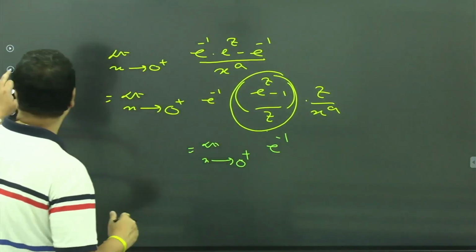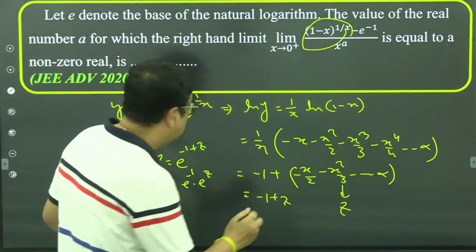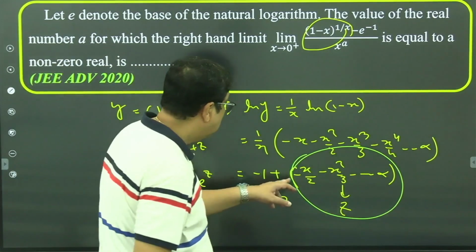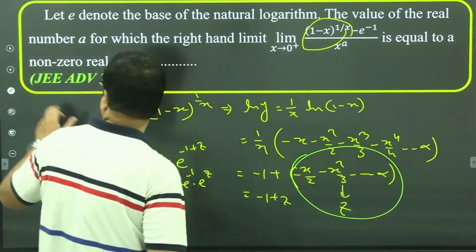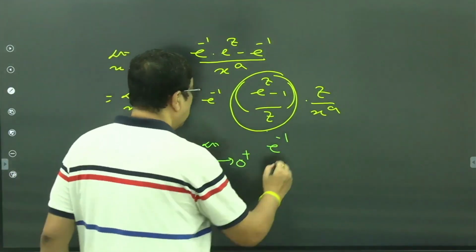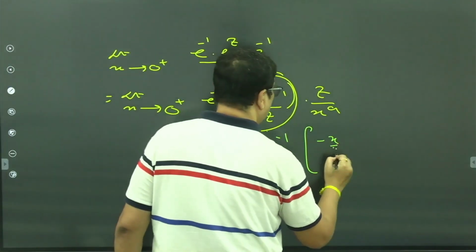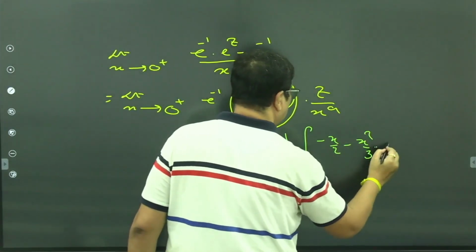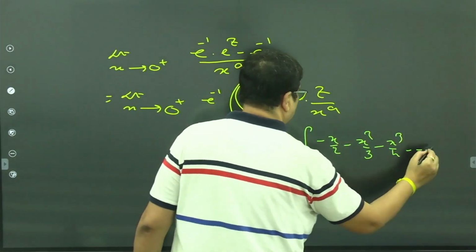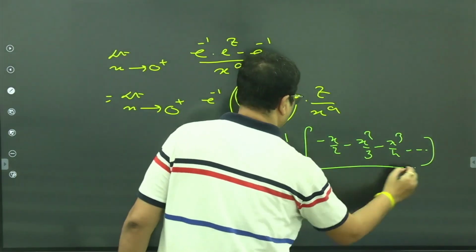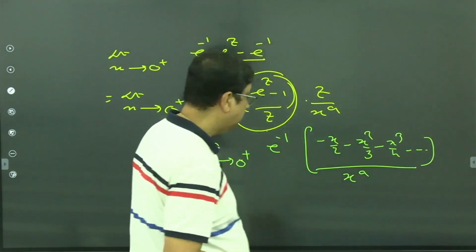So let's see. What is z? z is this: minus x by 2 minus x square by 3. So I am putting here minus x by 2 minus x square by 3 minus x cube by 4 till infinity, divided by x to the power a.